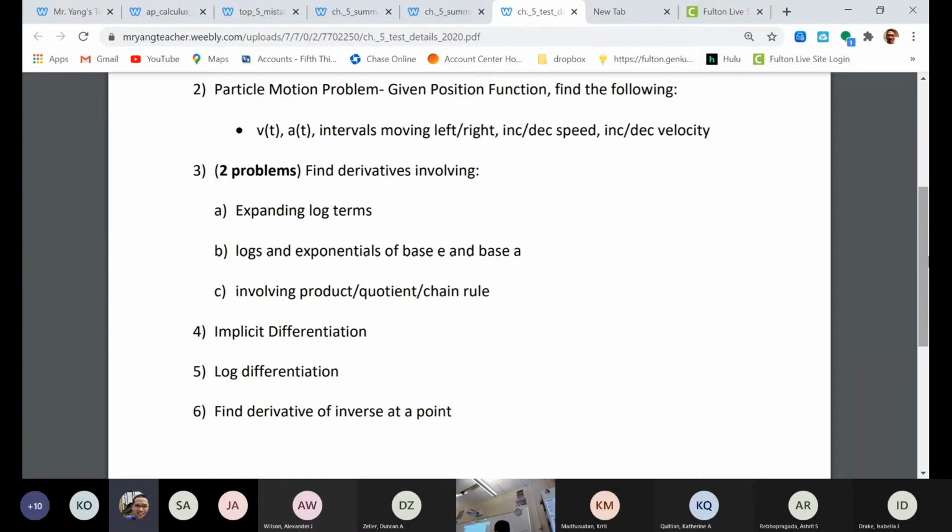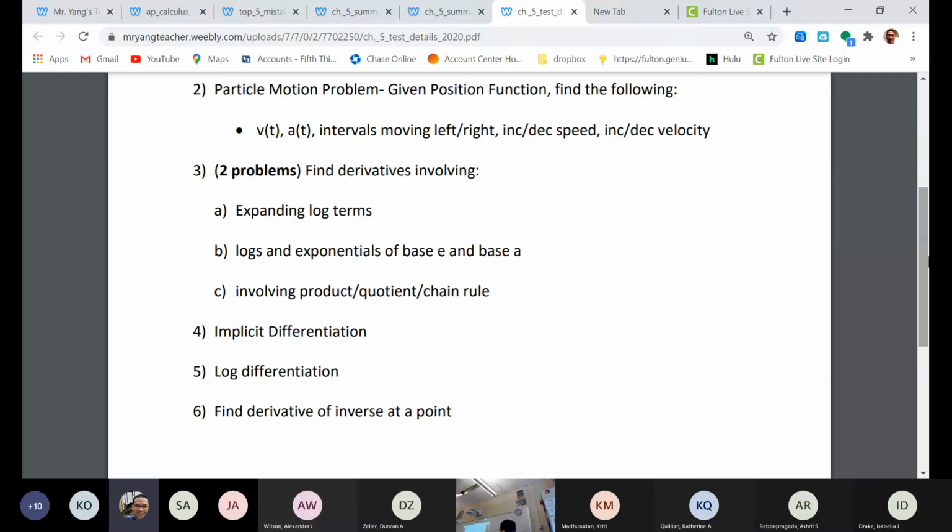The third type is being able to find derivatives involving the new rules that we learned. So if it's something where you have a messy log expression, you can expand it, right? Whether it's natural log or log base 3 or log base a. Expand out your log terms and then look to see what derivative rules you can apply.